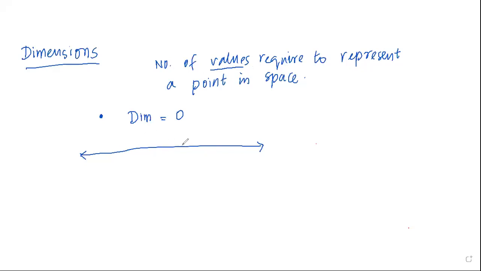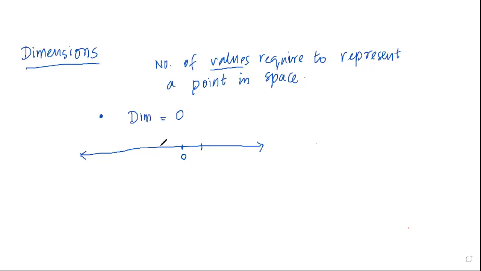So when we have a line, in order to represent a point on the line, we require one value. For example, if this is some point on the line, I name it 0. All the points on the right side, on the positive axis, I name them with the positive real numbers.